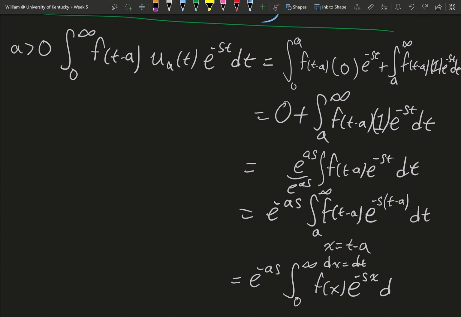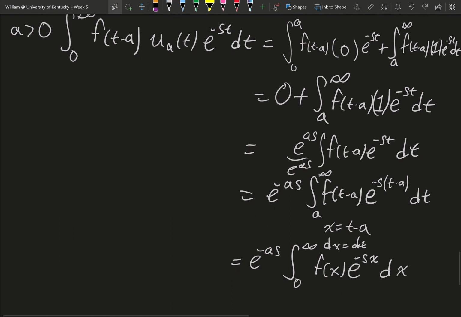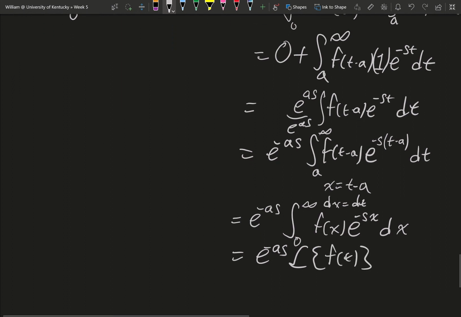Oops, dx. And what I get is I just end up with the Laplace transform of f.